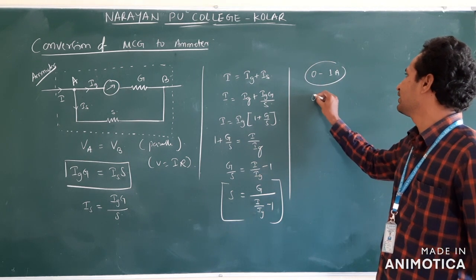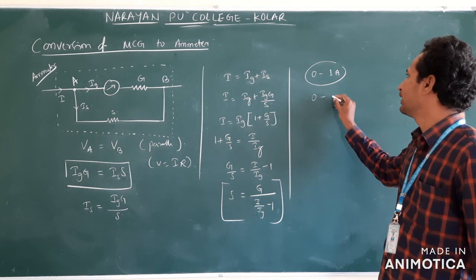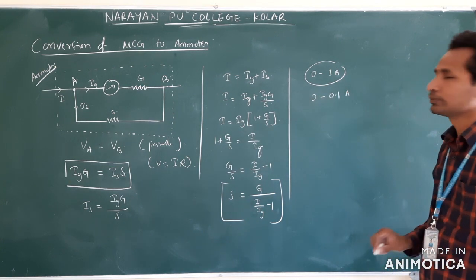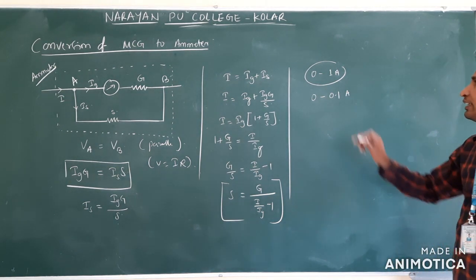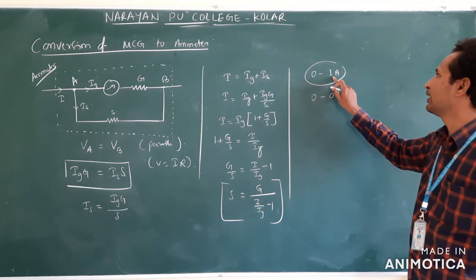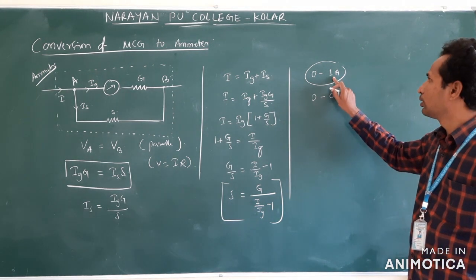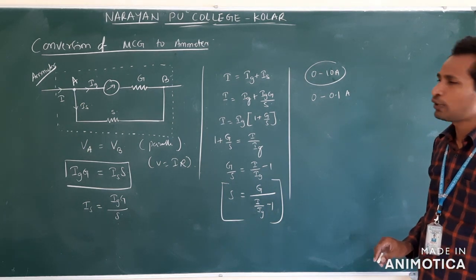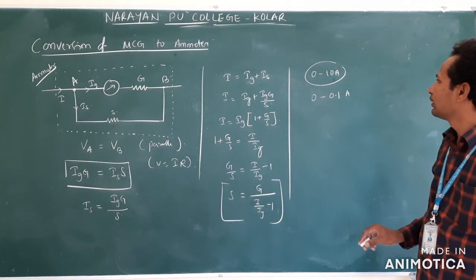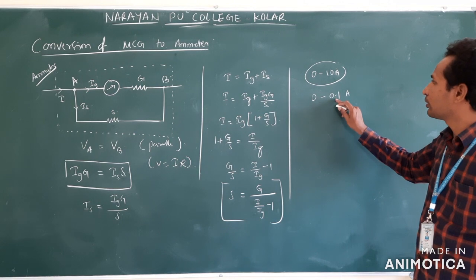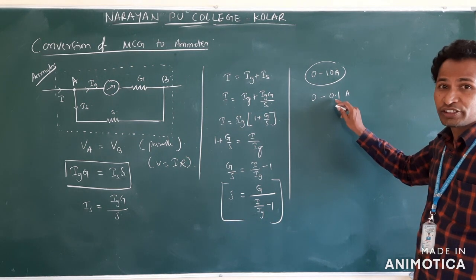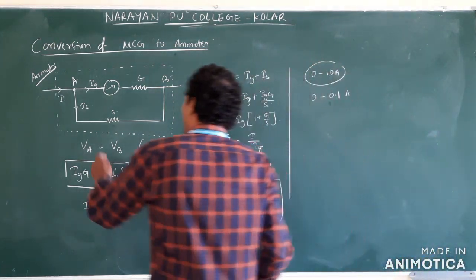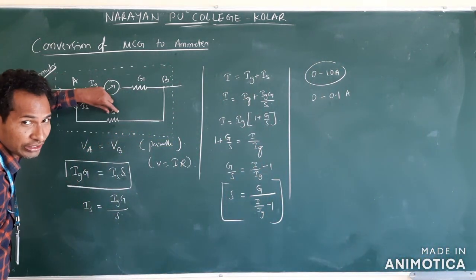Then we wish to make the same galvanometer measure 0.1 ampere. Clear? Initially, the maximum we measure is 1, or you take it 0 to 10. Clear? Now we wish to find it up to measurement 0.1. Then in that case, what do we need to change?